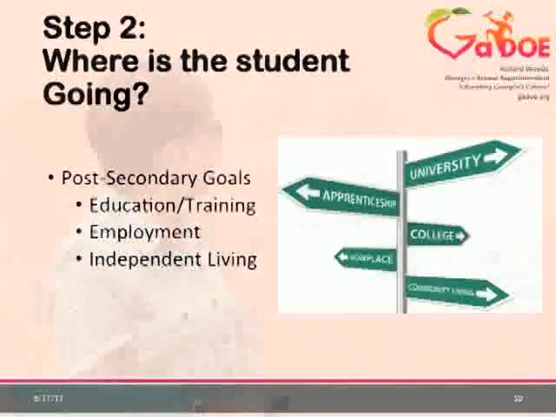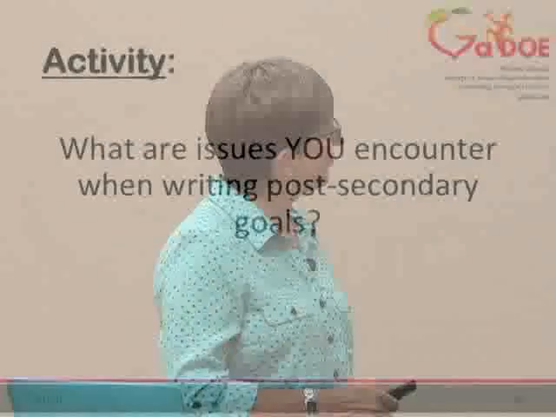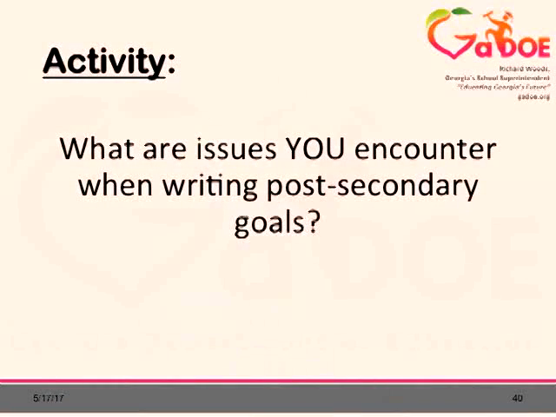We're going to talk about the student's education and training post-secondary goal, their employment post-secondary goal, and their independent living post-secondary goal. And I want you to stop and with your elbow partner, talk about this question. What are some issues that you encounter when writing post-secondary goals?